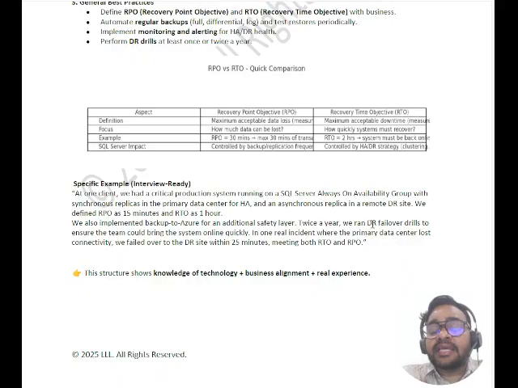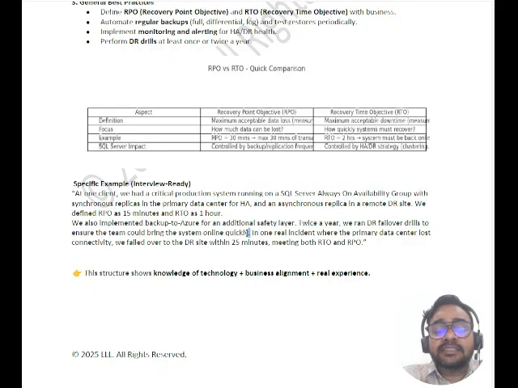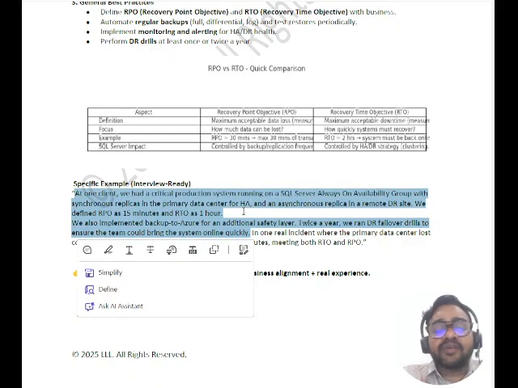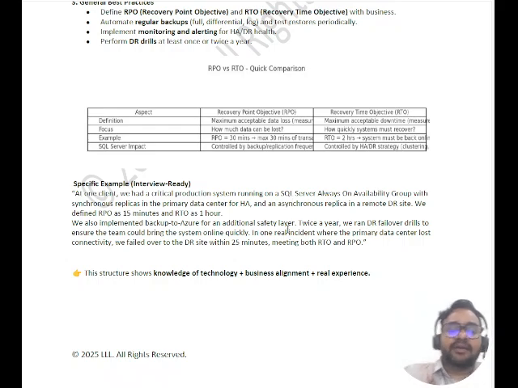Twice a year, we run DR failover drills to ensure the team could bring the system online quickly. So far, you have explained how you configured HA and DR in your system, and that while configuring, you considered all the best practices. This is a very good approach to explain any answer related to HA and DR.